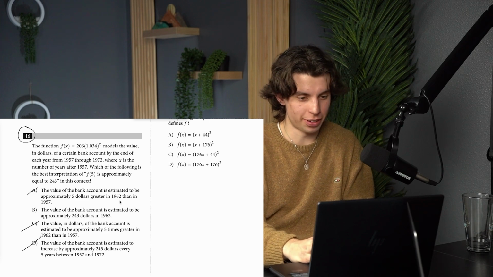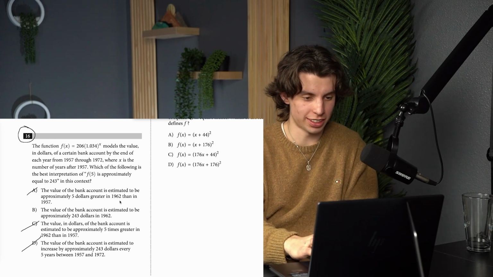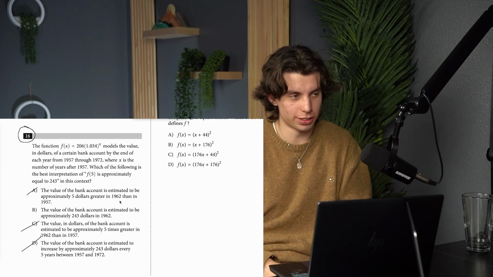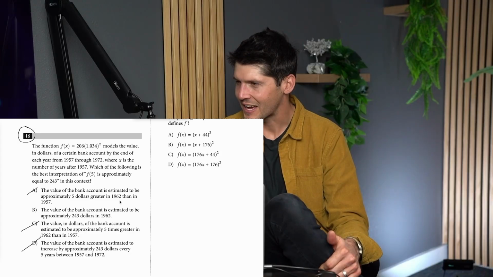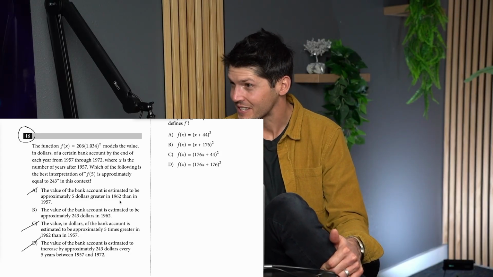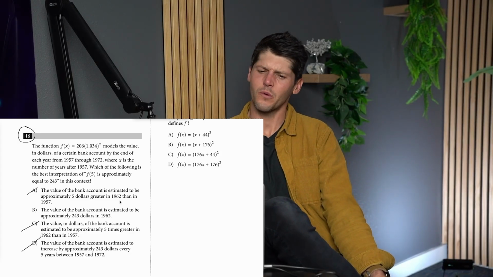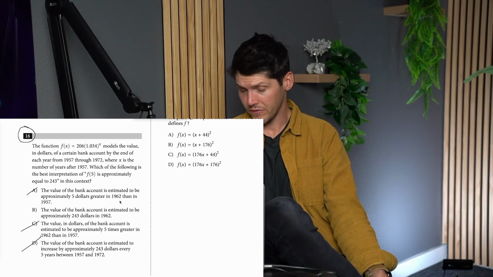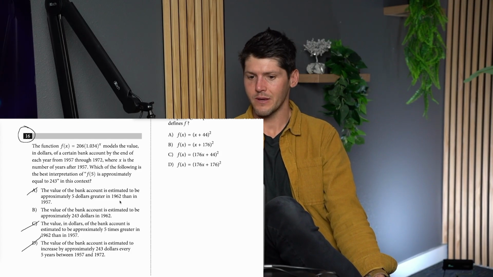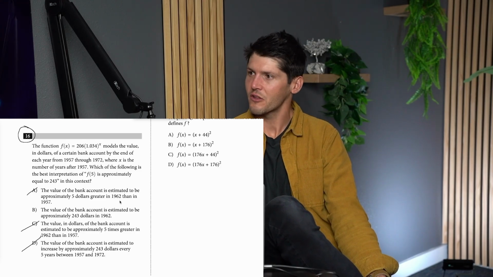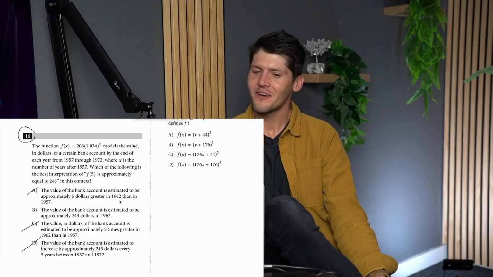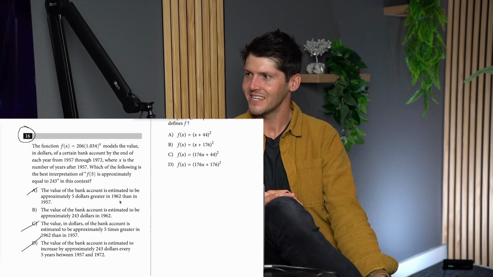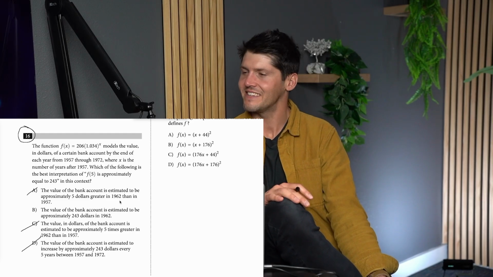And then f of 5, that's 5 years after 1957, 1962. So the only calculation we really have to do is to add 5 to 1957. Right? So some people might say, well, I don't know that that's true, I'm going to go calculate. Fair enough. That's one level of the game. But the higher level of the game is saying answer choice B is just another way of saying that there is a point 5, 243, or that f of 5 is 243.